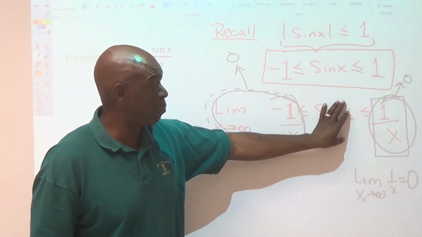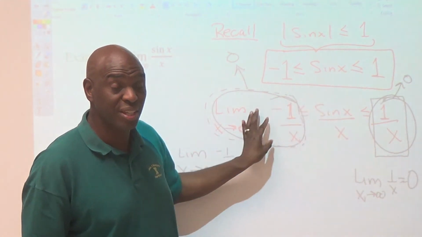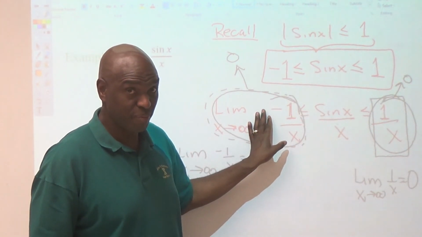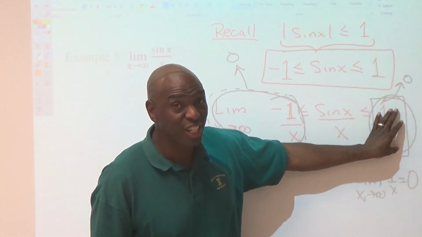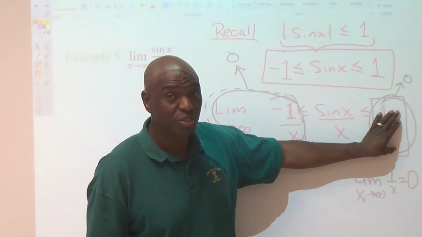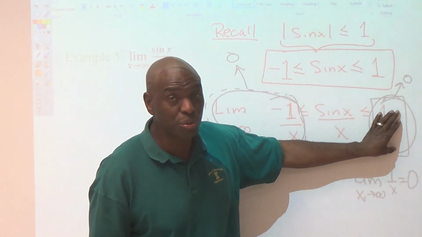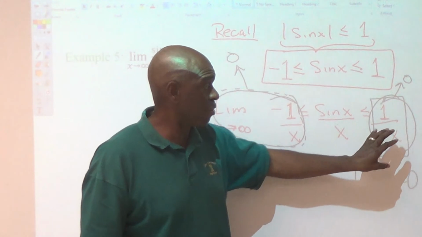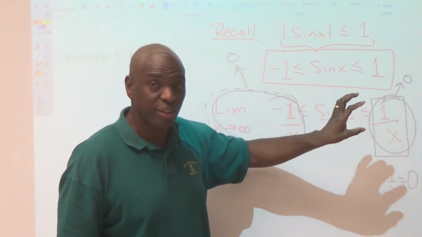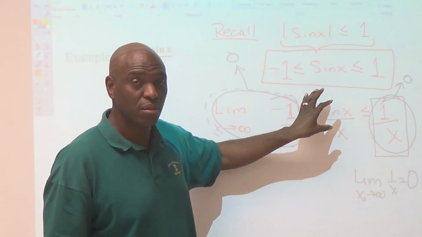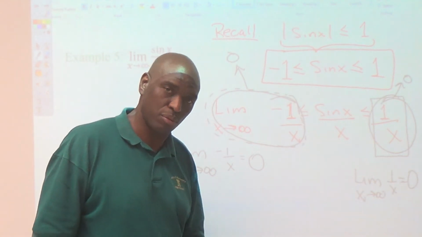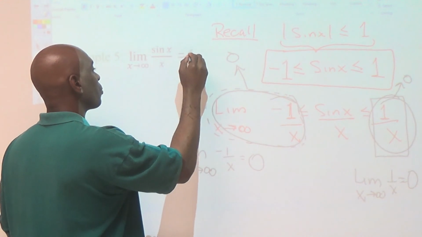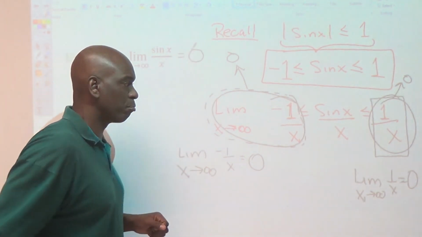This centerpiece is greater than or equal to the left end, but less than or equal to the right end. So by logical conclusion, if the left end is 0 and the right end is 0, then what's in between also has to be 0. They're all equal. So this equals 0.